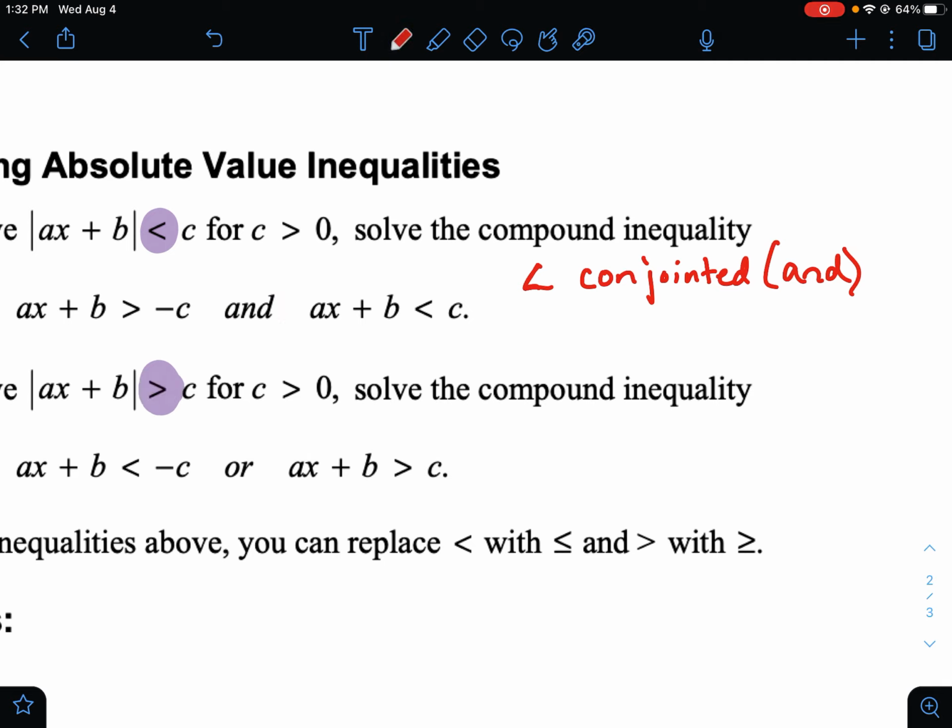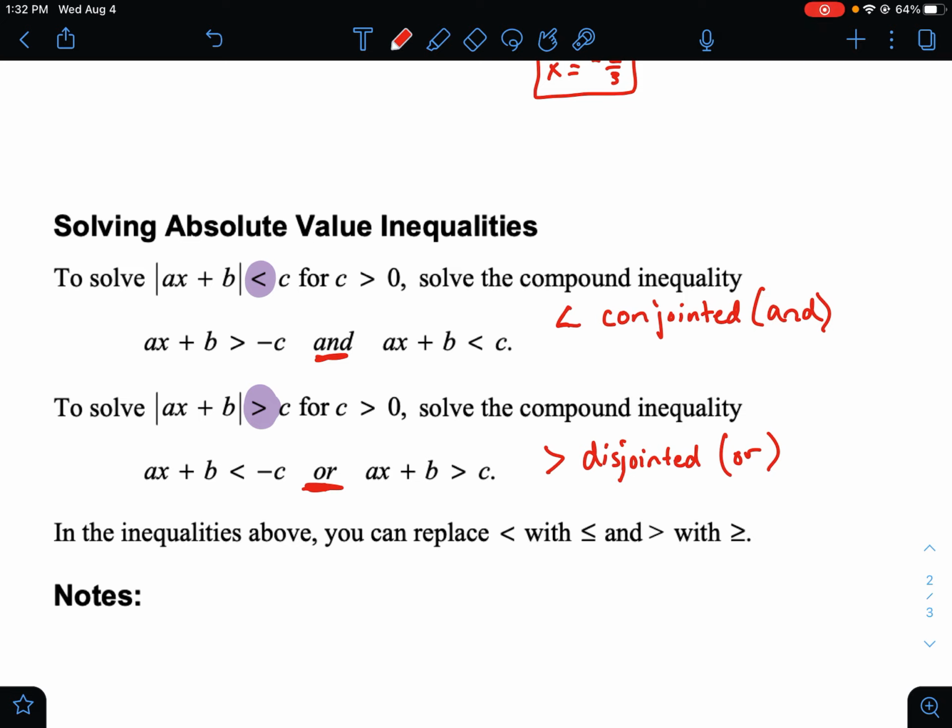Whereas a greater than symbol does not look like a C. A greater than would be disjointed. You can probably guess that disjointed means that they are apart, and that's why you have "or," they're separate, as opposed to "and" being together. That's the way I always remember it. Less than looks like a C, so conjointed, so they're together, so that's "and." Disjointed, so "or," they would be separate. And that's how I remember those questions, and so that's how we answer this.